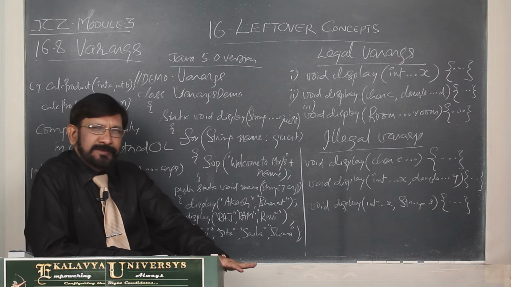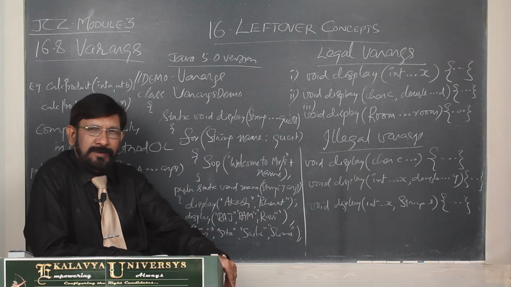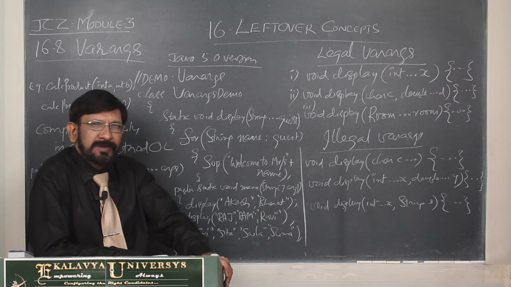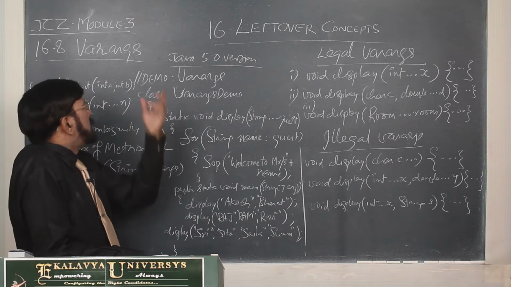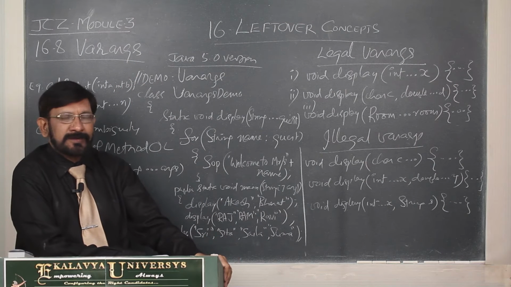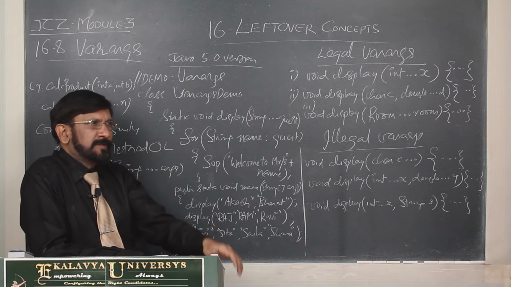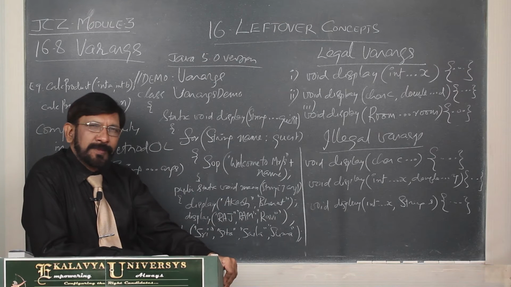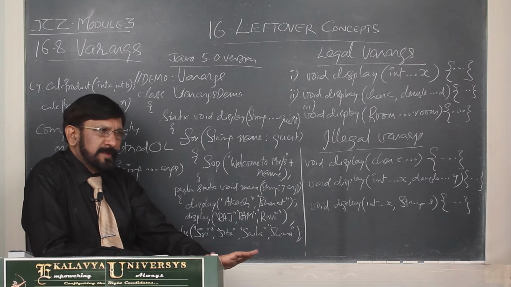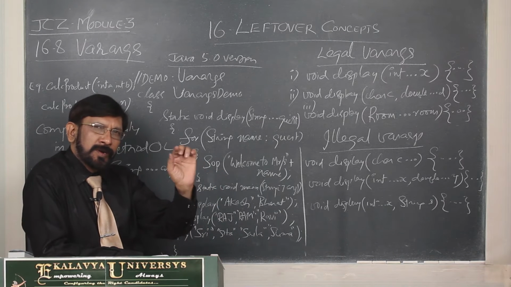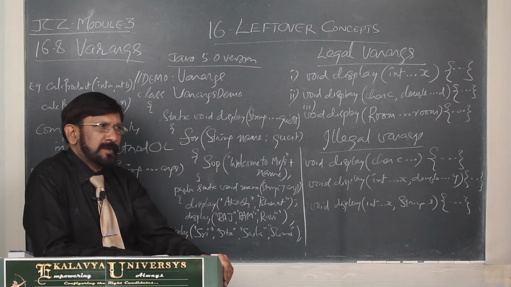This concept is called with different names, just remember, otherwise sometimes you may be confused. The normally popular name is Varargs, or var-args. Somebody calls it variable length argument list.